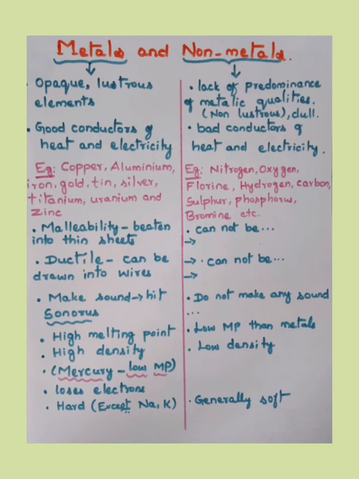Then, moving to the next one, metals make sound on hitting with hard substances. This property of metals is called sonorous. The metals are sonorous. Metals make sound, especially in making bells, where they make an alloy of these metals.